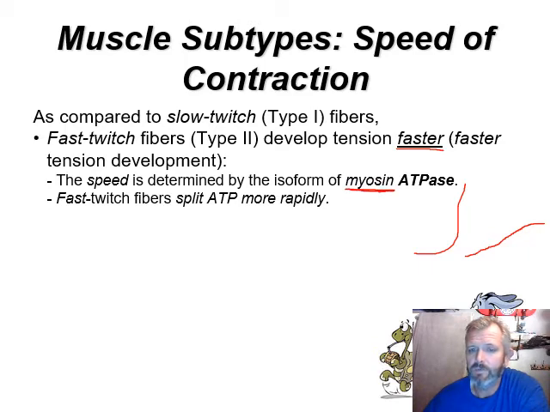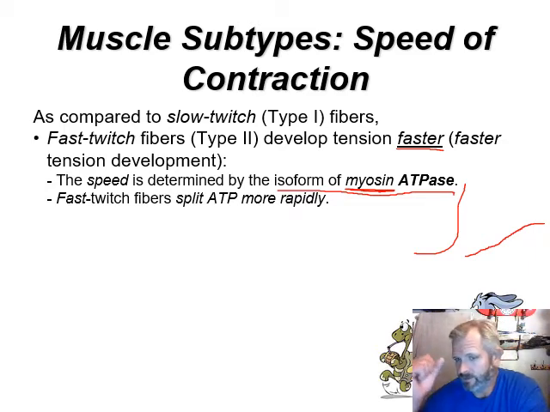There are different forms of ATPases, which cleave that ATP. If I can cleave ATP faster, I can use it to do the power stroke faster. And so fast twitch are able to have ATPase isoforms that allow us to cleave ATP and create this tension much faster.